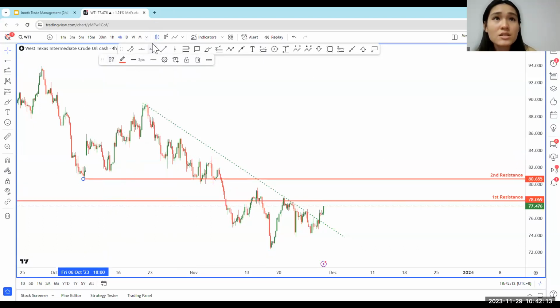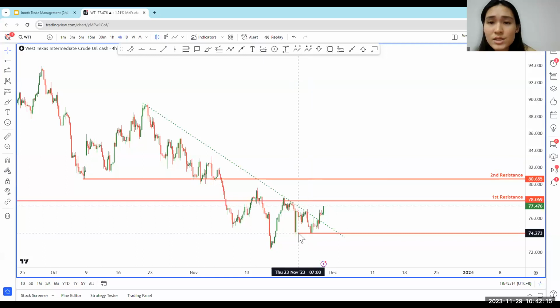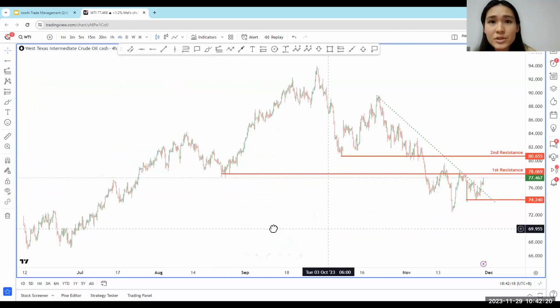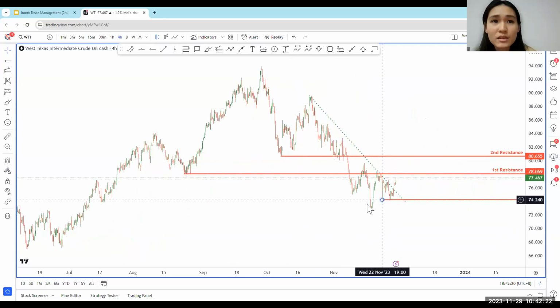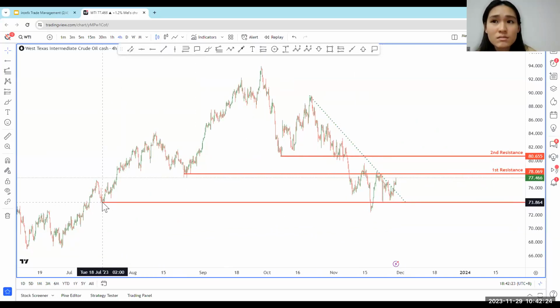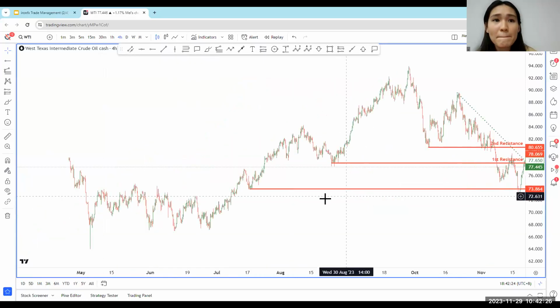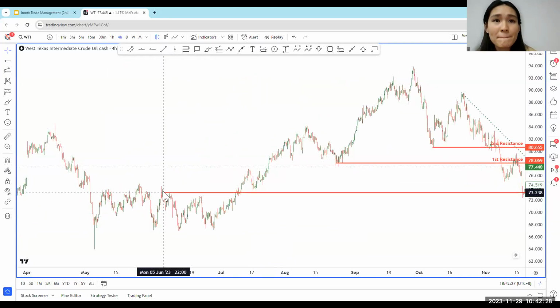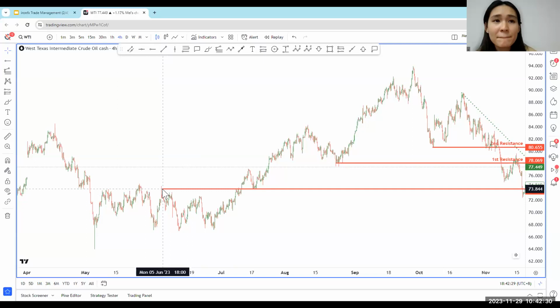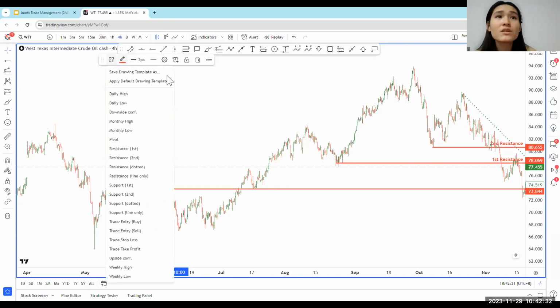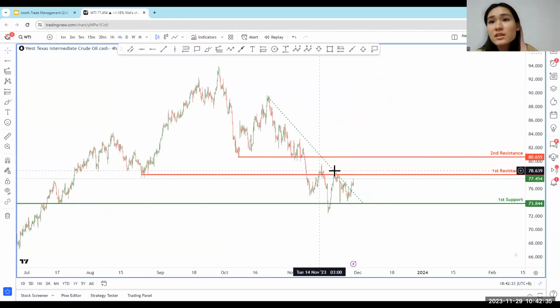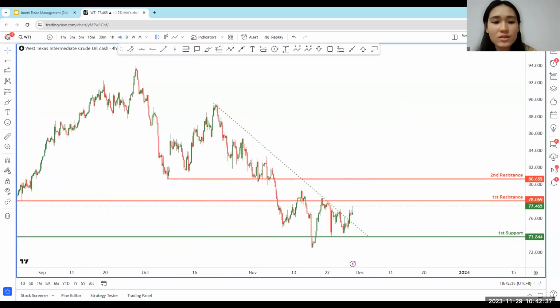Second resistance, and then lastly, first support maybe just here. So let's see if we can pull any of these levels back. First support here. Now let's go in with our Fibonacci levels.